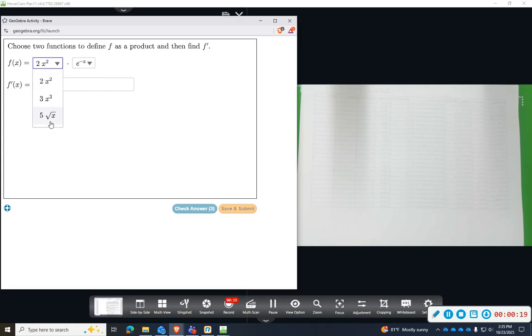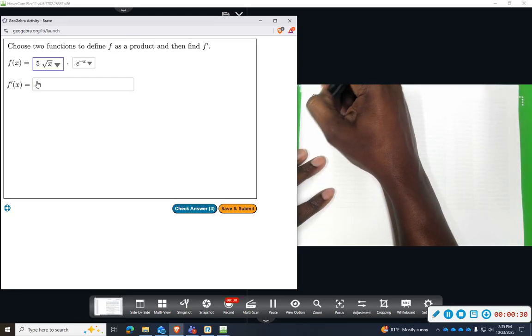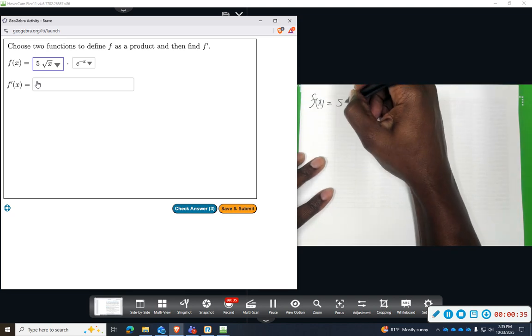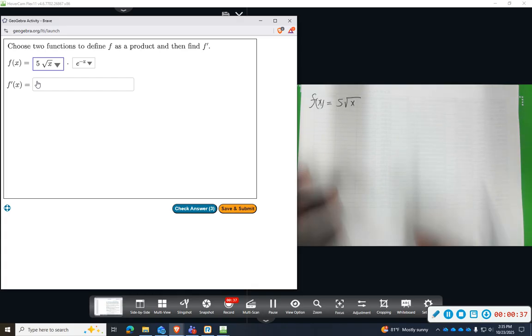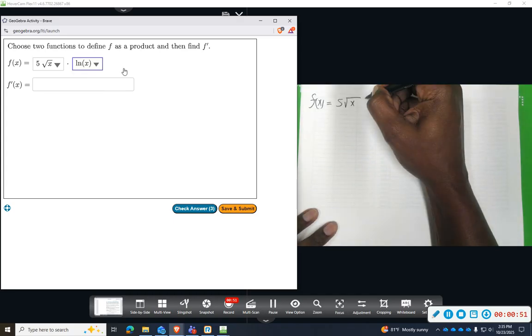So I want to pick one that I feel like will be more of a challenge, so we're going to use the first function to be 5 times the square root of x, and then on the second one, let's just do the natural log of x. Any one of these will be fine. Let's do ln of x. Okay.